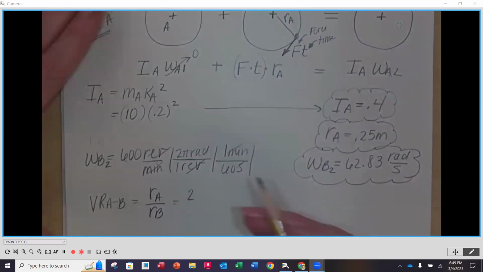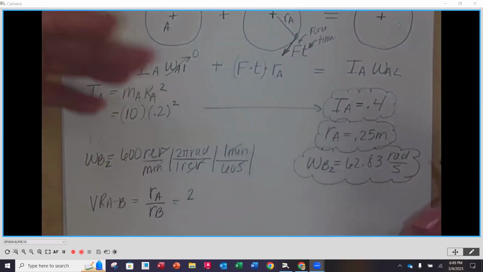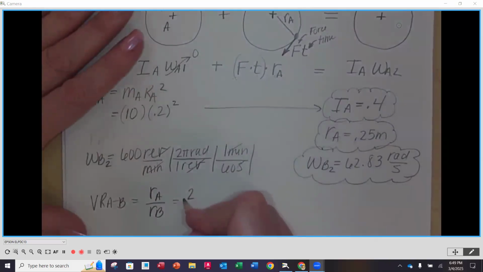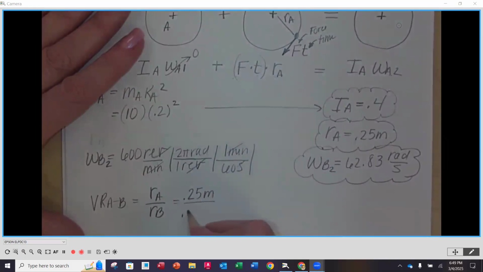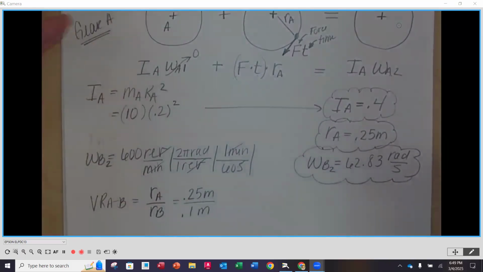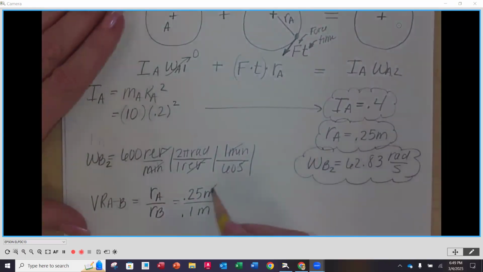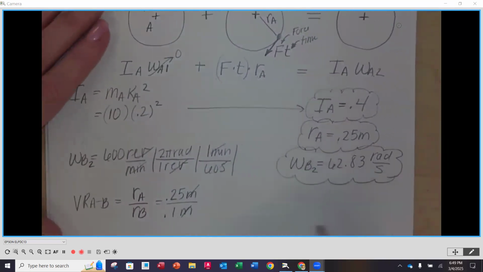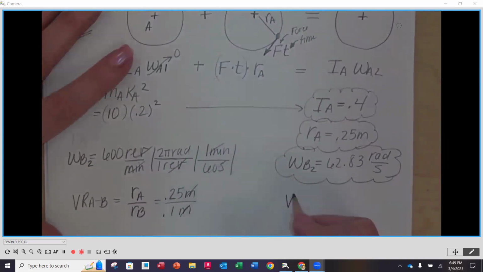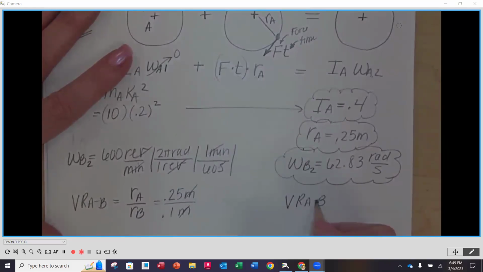Whether you use the meters or the millimeters doesn't really matter here. I'll continue to use the meters. So 0.25 meters divided by 0.1 meters. You could use 250 millimeters over 100 millimeters because they're going to cancel out anyway. So my velocity ratio A to B is equal to 2.5.